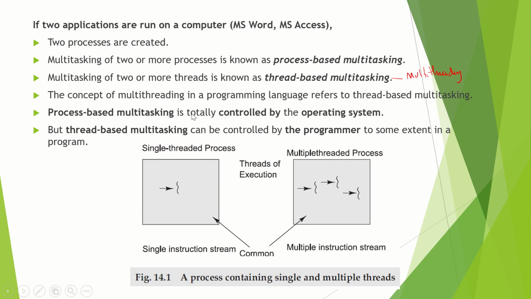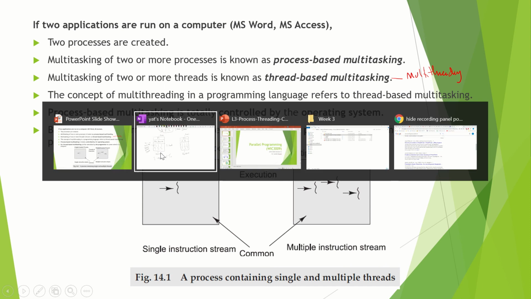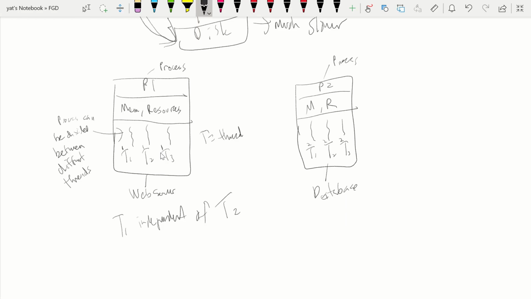Process-based multitasking is totally controlled by the operating system. You have the operating system control the process, but thread-based multitasking can be controlled by the programmer to some extent in a program. So let's say you have Microsoft Office Word and Microsoft Access.